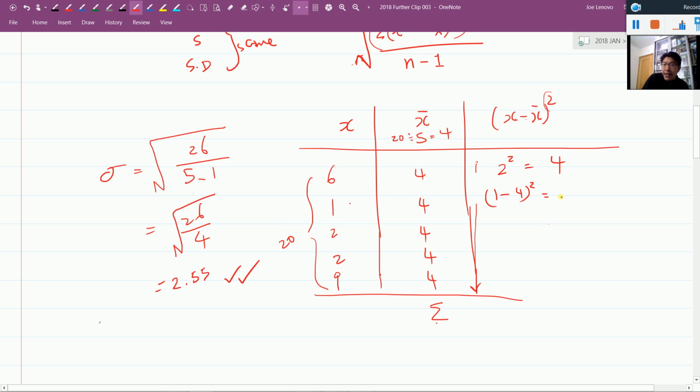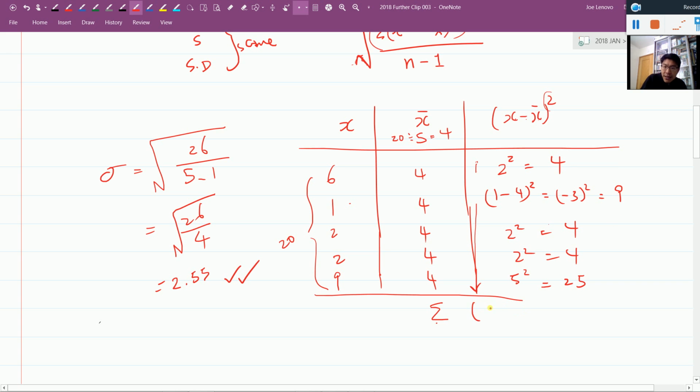Negative 3 squared makes 9. Have a look: when you have 1, the value jumps to 9. 2 and 4 is 2, squared equals 4. 2 and 4 again, 2 squared equals 4. 9 to 4 would be 5, so we have 5 squared equals 25. And we've got 4 plus 4 plus 4 plus 25 plus 9.